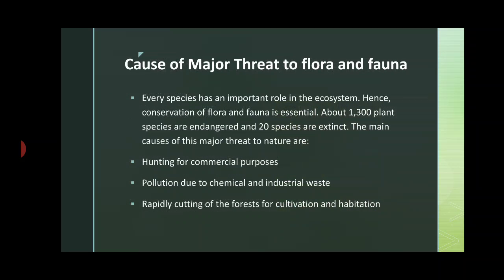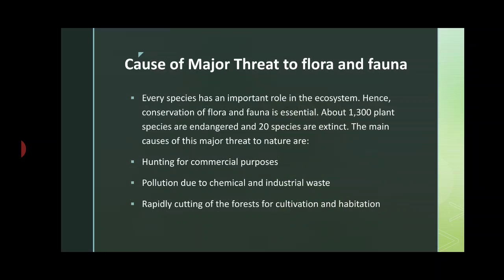The causes of major threat to the flora and fauna. Every species has an important role in the ecosystem, hence conservation of flora and fauna is essential. About 1,300 plant species are endangered and 20 species are extinct.